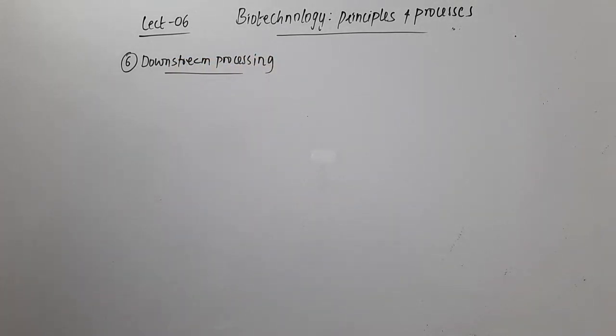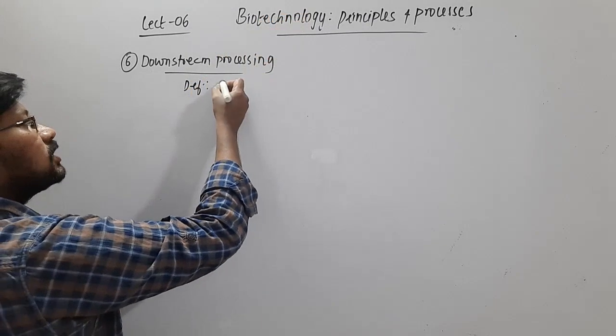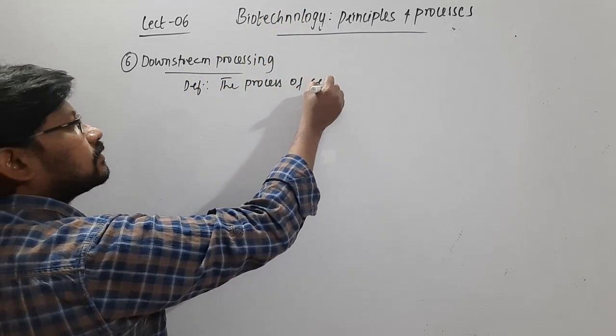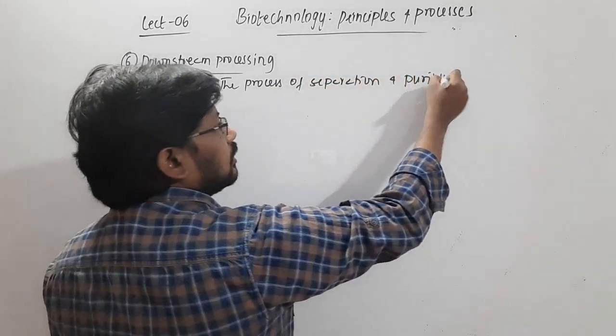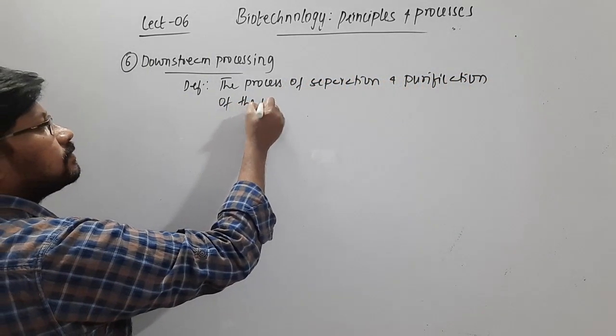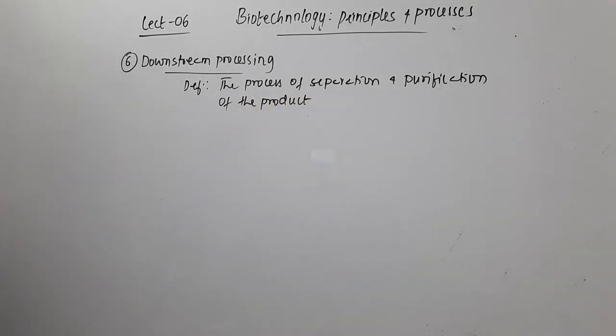Let's see the definition of downstream processing. The process of separation and purification of the product is called downstream processing.